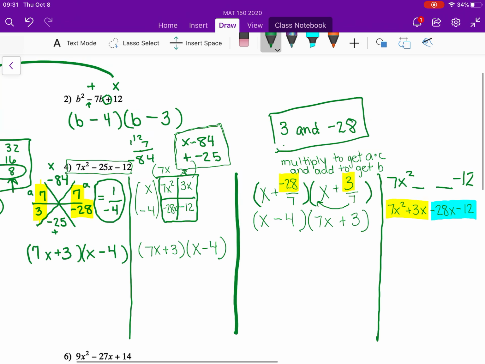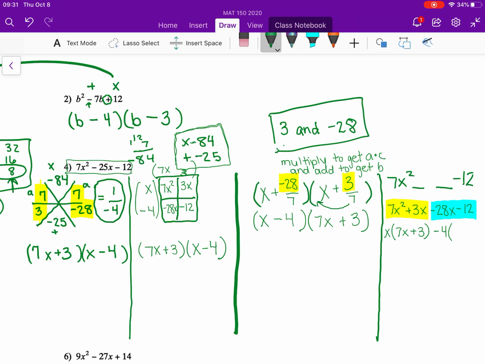So looking at the yellow highlight here, what do 7x squared and 3x have in common? Well, that's an x. And then I'm left with 7x plus 3. Okay, next part, negative 28x minus 12. What do they have in common? Well, they have a negative 4 in common.